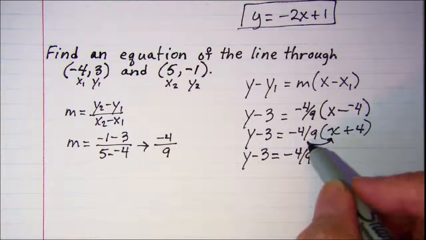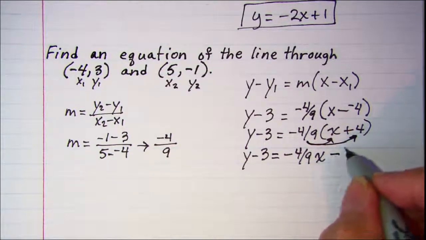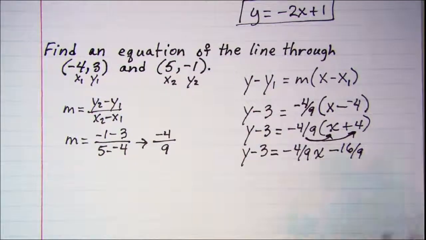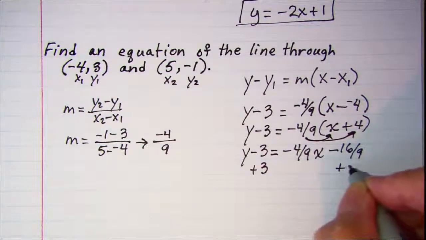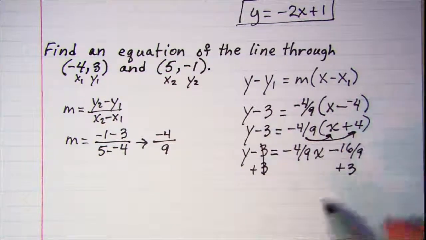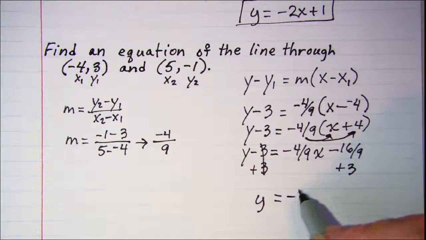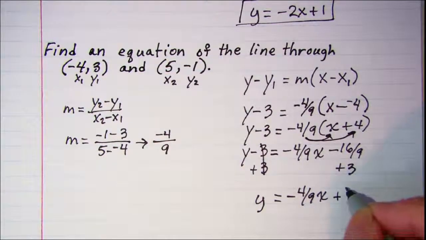And then a negative 4/9 times a positive 4 is a negative 16/9. Now I need to add 3 to both sides. These will cancel, and I have y is equal to negative 4/9 x plus 11/9.